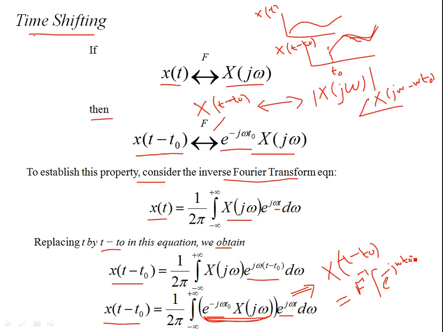That's how you look at this integration. Again, it simply refers to the addition of phase of minus omega t naught to the phase of X(j omega), while the magnitude stays the same.